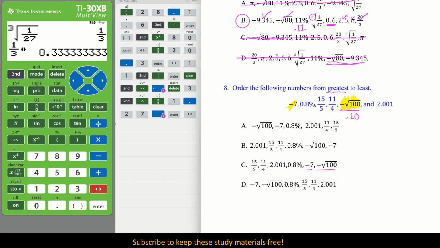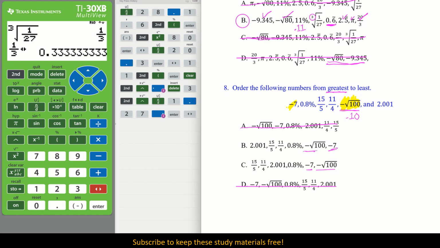Well, from looking at the negative and thinking about who's larger, A should not be an option and D should not be an option because it says greatest to least. So the negatives cannot be first. They have to be at the end. So we have B and C. They could work. However, B doesn't look good because it's saying that -7 is smaller than -10.